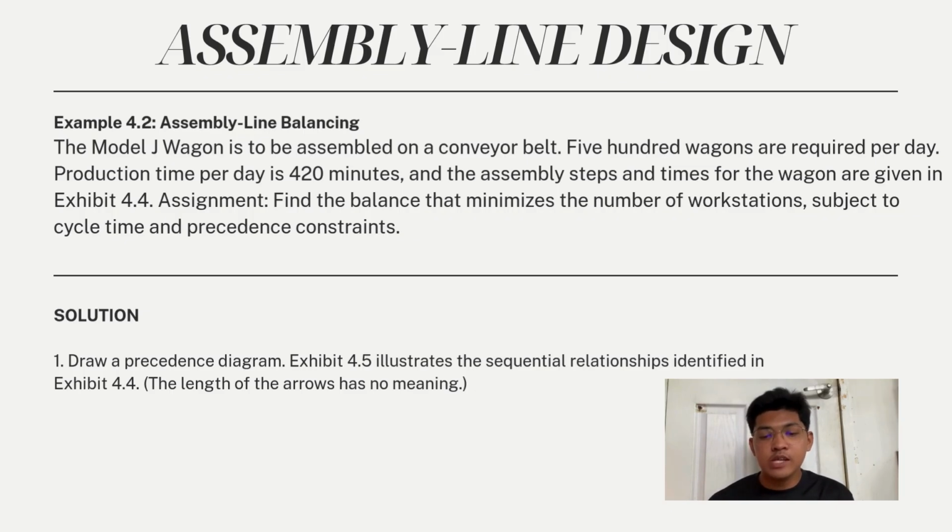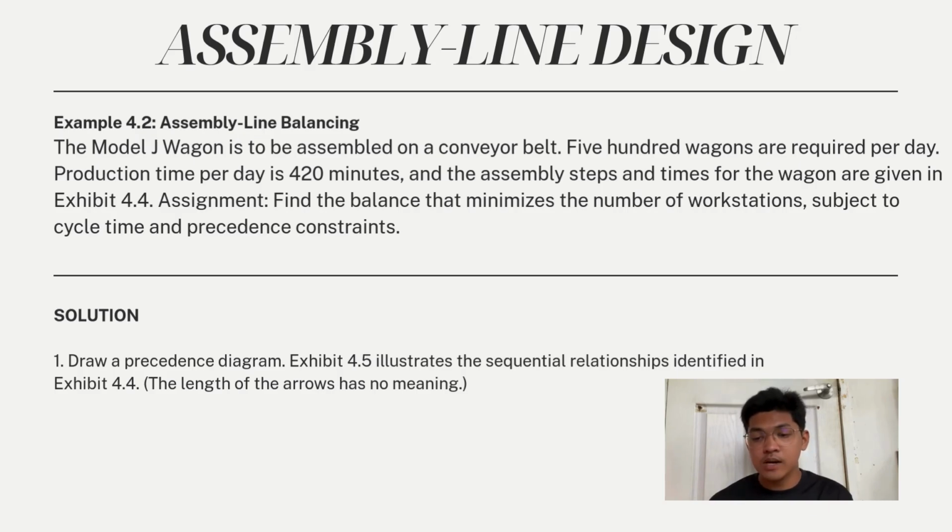The model J-Wagon is to be assembled on a conveyor belt. 500 wagons are required per day. Production time per day is 420 minutes, and the assembly steps and times for the wagon are given in exhibit 4.4.